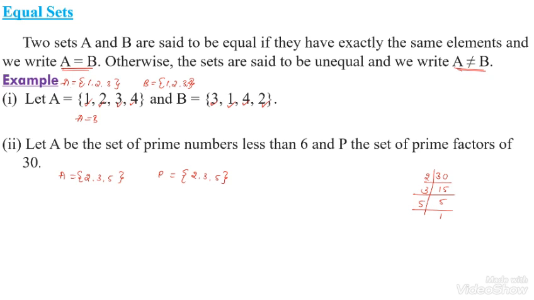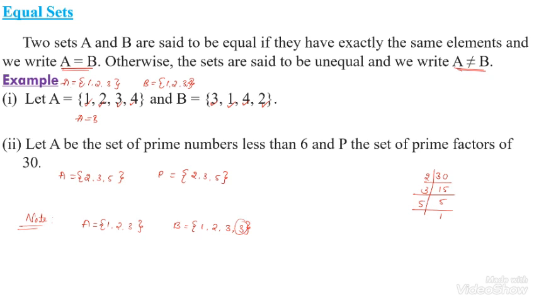Now, here is one important note based on this concept: a set does not change if one or more elements of the set are repeated. For example, set A contains the elements 1, 2, 3 and set B contains the elements 1, 2, 3, 3. Here there are 3 elements, and here also only 3 elements, with 3 written twice.